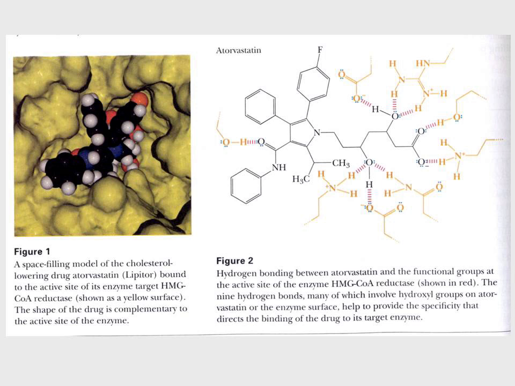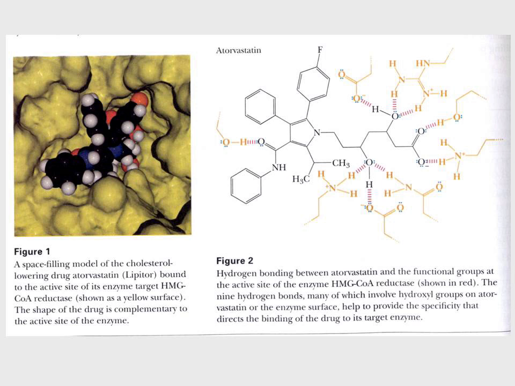So this molecule binds to that surface and stops the original substrate from binding onto the enzyme, which decreases the activity of the enzyme, as you can imagine. In a sense, it blocks the substrate from reaching this binding pocket.